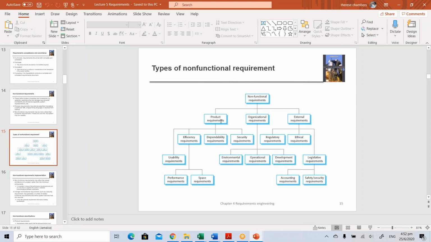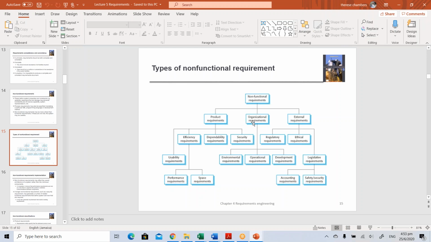Your non-functional requirements, it shows a graphic of the non-functional requirements. Here, for the patient management system, well, not just that, it speaks about product requirements, organizational requirements, external requirements. These are different types of non-functional requirements.